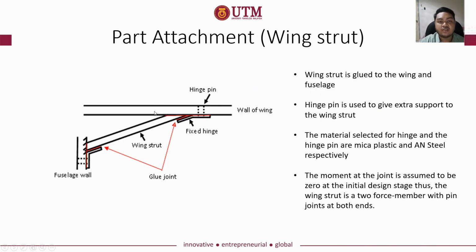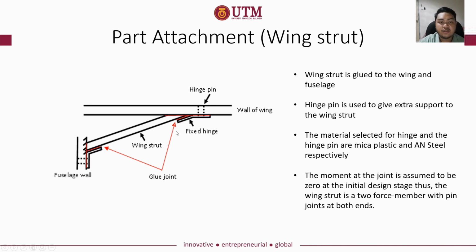We will use the wing strut to attach the wing and also the fuselage to make sure the wing is not deflected too much and also stays in its position. For the wing strut, we are attaching it at a 45-degree angle to the fuselage wall and also to the underside of the wing.